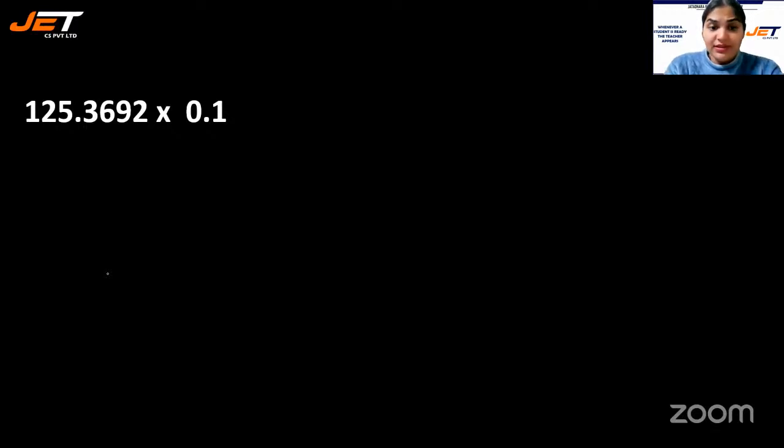In such case, you will shift the decimal one place to the left. As we are multiplying a decimal by decimal, it's one place to the left. It will be 12.53692. So you will shift the decimal one place to the left. Clear?